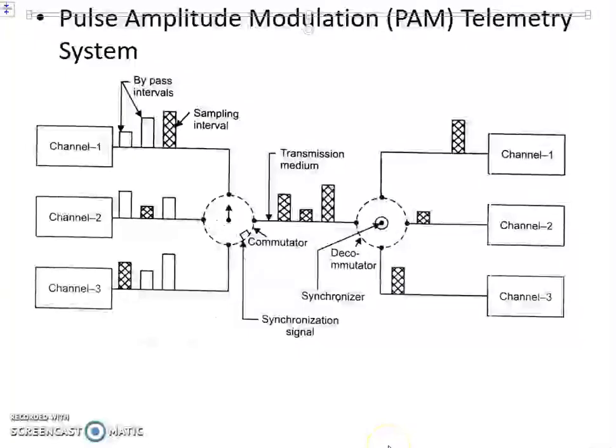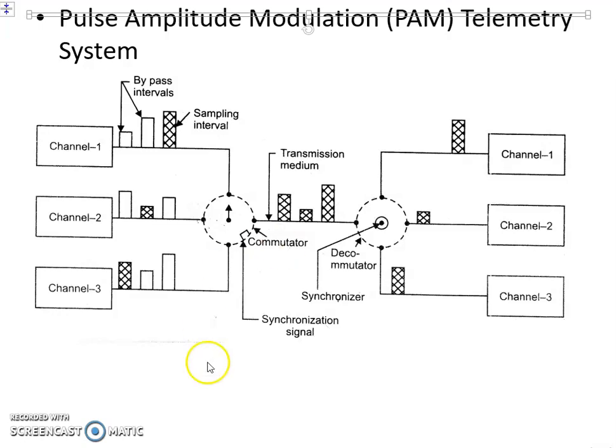Now let us discuss another type of radio frequency telemetry system, that is the pulse amplitude modulation, PAM, telemetry system. As we have studied in the previous type, the frequency modulation telemetry system, it has a basic limitation that the capacity of channels offered is very small.